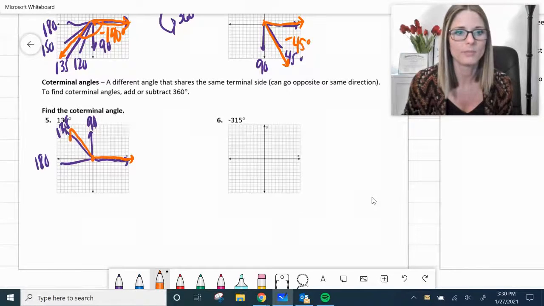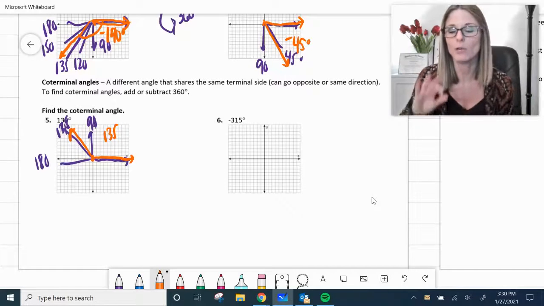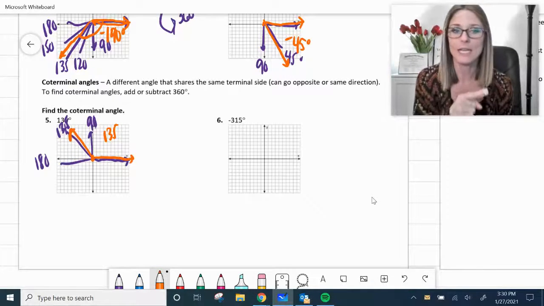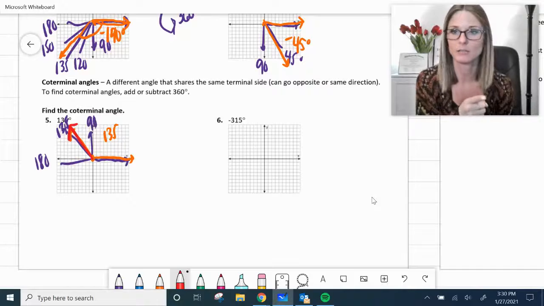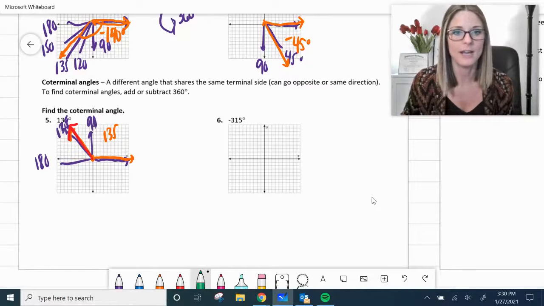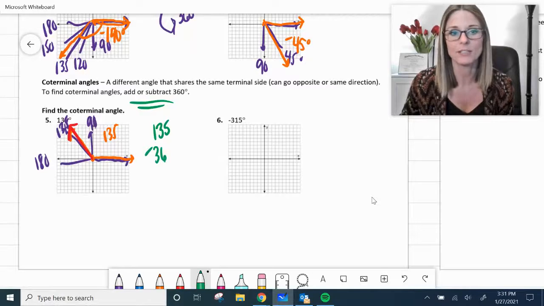Here's our 135. So I want a coterminal angle. I want another angle that ends at that same place. I'm going to do it in red. I want another angle that would end there, but has a different measurement. Now, the directions said that I can just add or subtract 360, and these are super easy. So take 135 and subtract 360. What do we get?